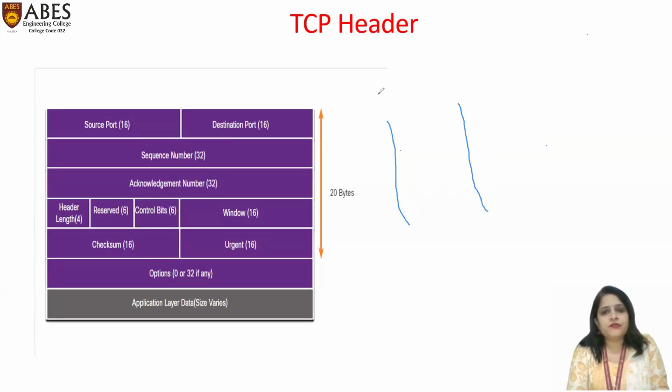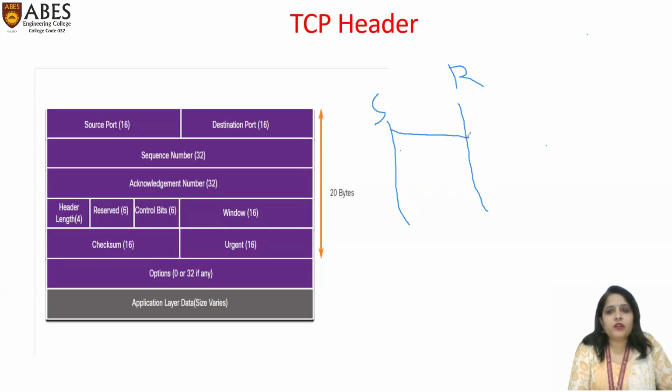When I am sending data from sender to receiver, the receiver will acknowledge that data, because TCP provides reliability with the help of this acknowledgement facility. The acknowledgement number basically represents the next segment number expected by the receiver. This is the acknowledgement number.